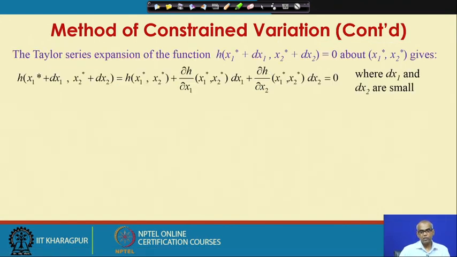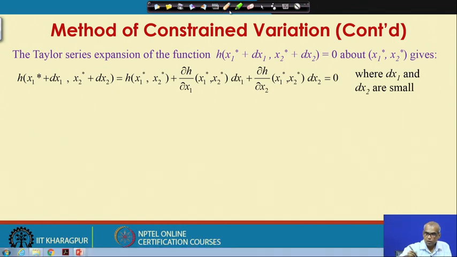So, now the Taylor series expansion of the function h of x1 star plus dx1, x2 star plus dx2 equal to 0, about x1 star and x2 star will give the expression as shown here.